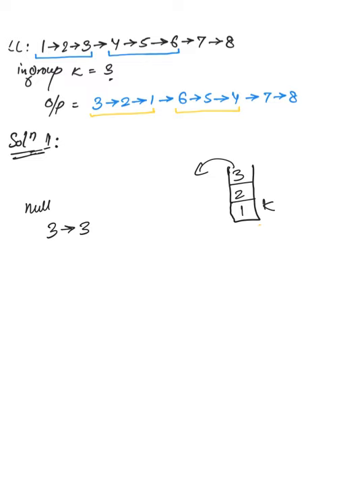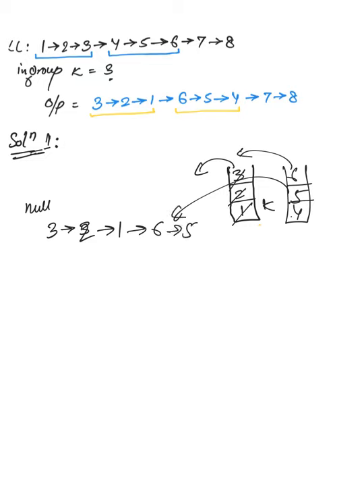So this will be 2, then this will be 1. Now it is empty, then again start putting the next ones, 4 5 6, then take them out again, 6 here, then 5 here, then 4 here.